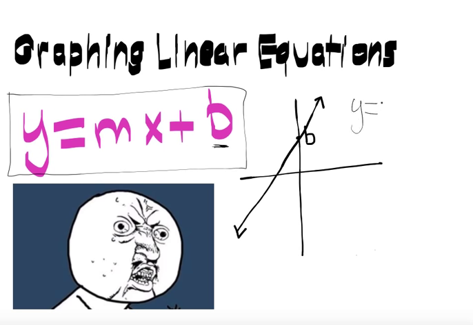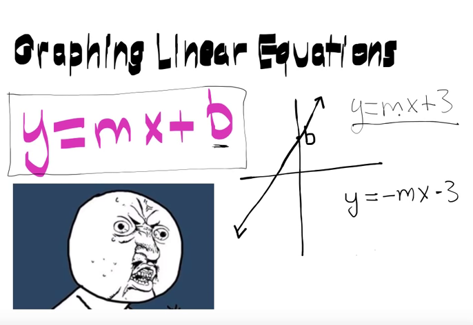If we have an equation that was, for example, y equals mx minus 3, then look at the difference. In this case, the slope is negative. So if the slope is positive, negative should go the other way.